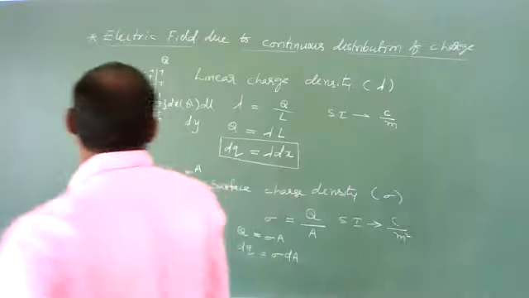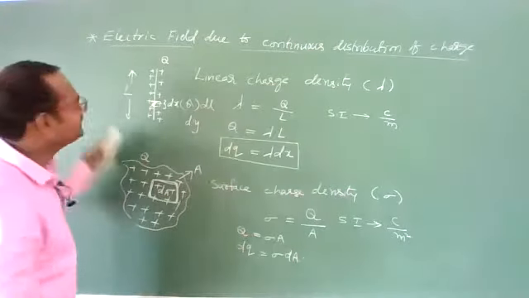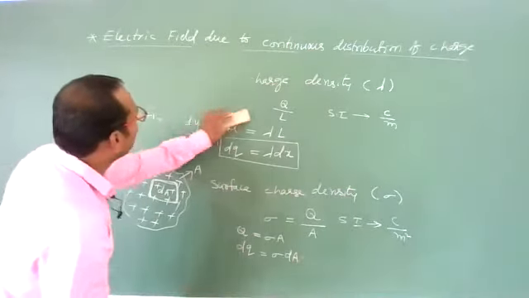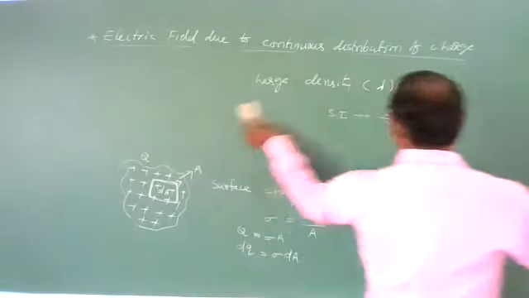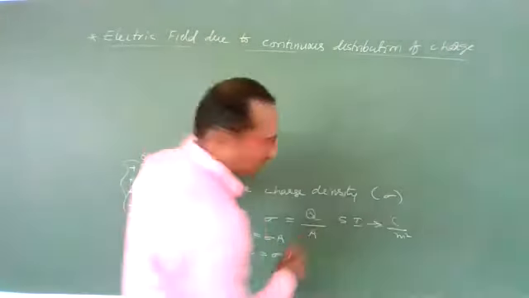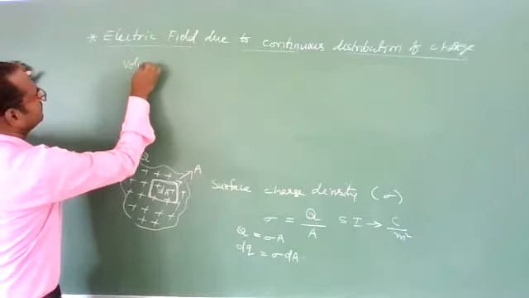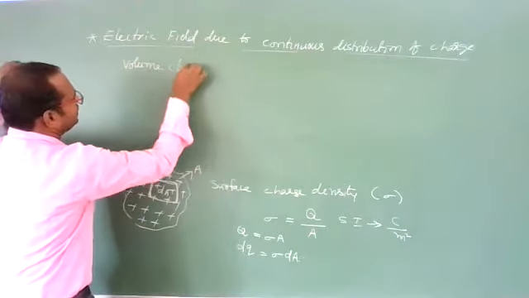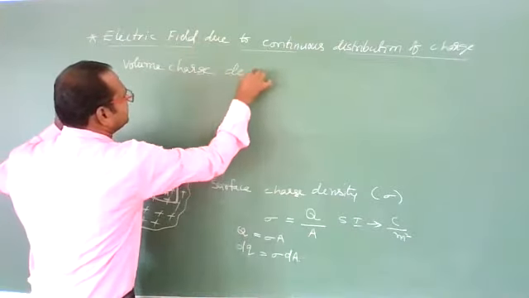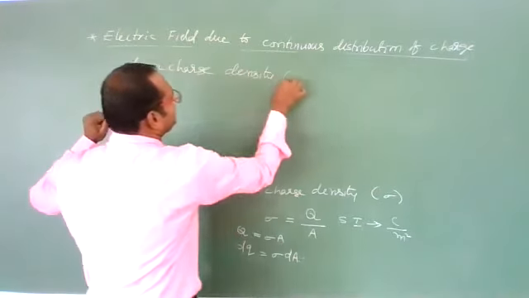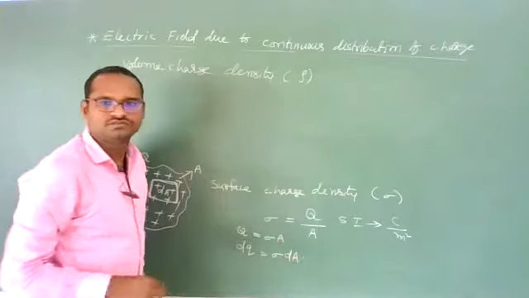Okay, now third one, that is volume charge density, and we will represent this with the letter rho.